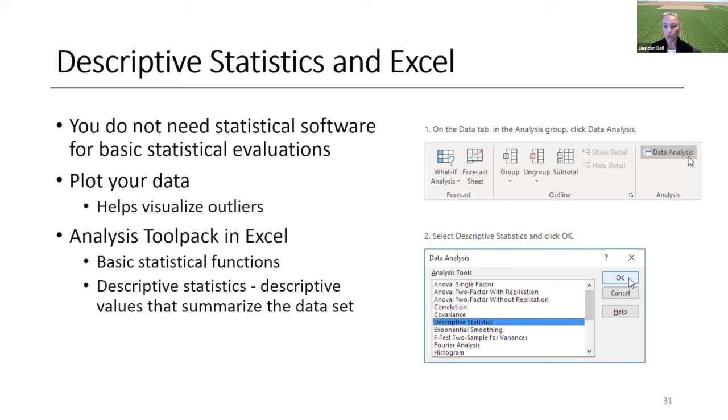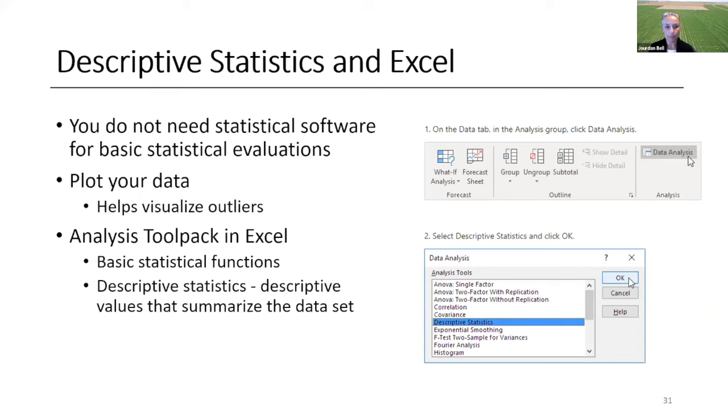When we have large data sets with large numbers, sometimes it's hard to see if there was an outlier. And if you've plotted it, then you can get a very quick visual before you go in and run your statistics. So there is an analysis tool pack in Excel.